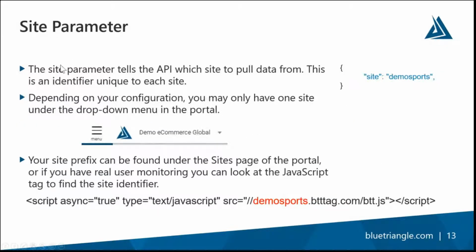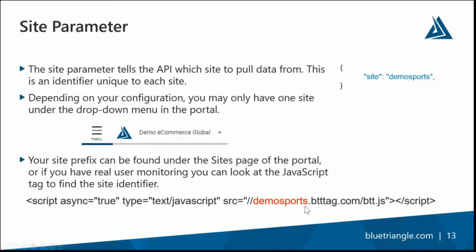The first one is the site parameter. If you have a real user JavaScript tag on your site, this is going to be the prefix to btttag.com/btt.js. If you don't have a JavaScript tag, you'll be able to find it.